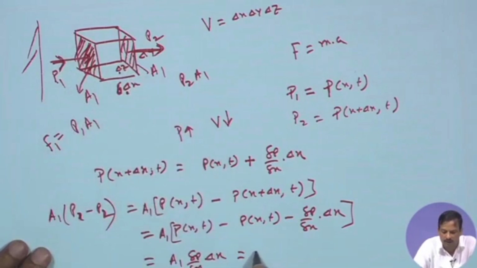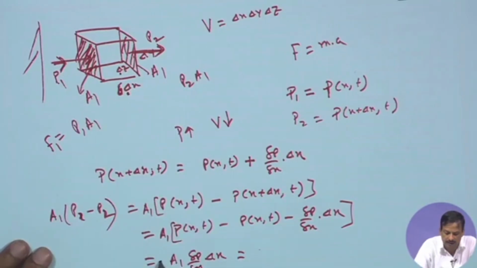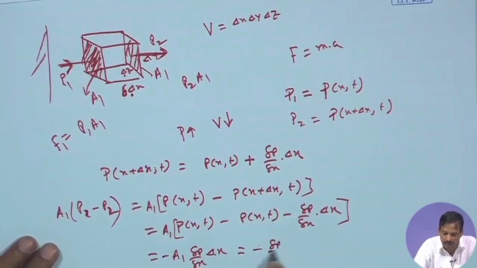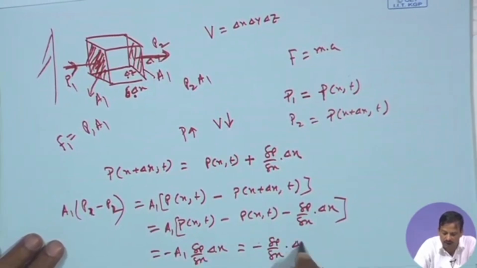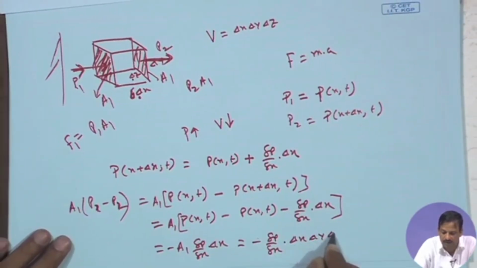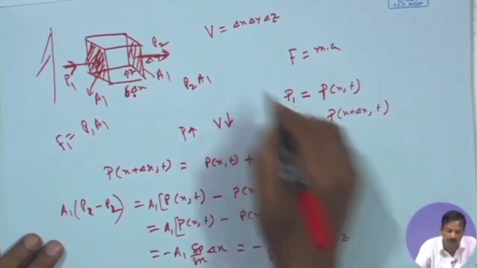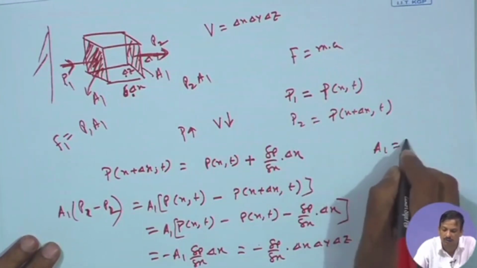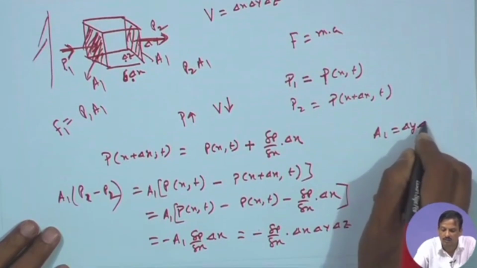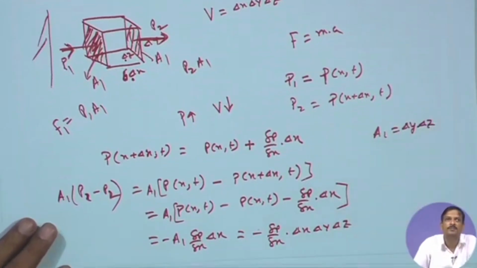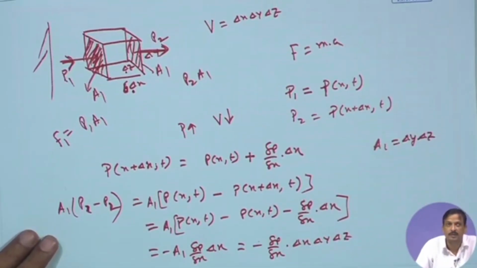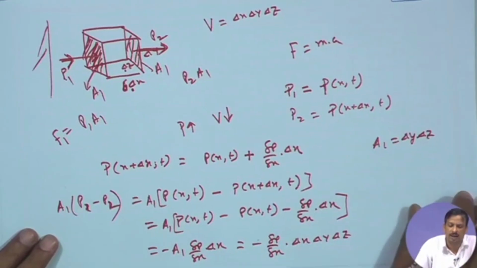So I can say it is minus del p by del x into del x del y del z, because A1 is equal to del y into del z. Okay, so I get the force.